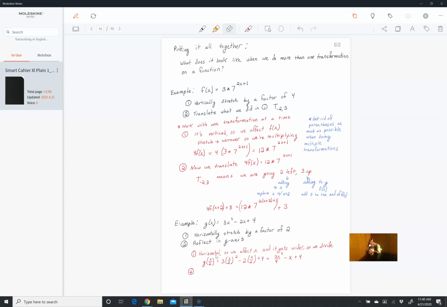it's a reflection in the y-axis. This is a horizontal change. So we affect x. And it's a reflection, so we just add a negative.